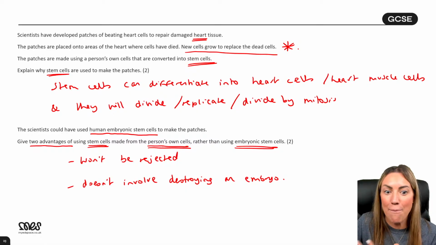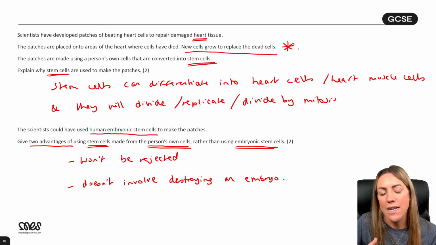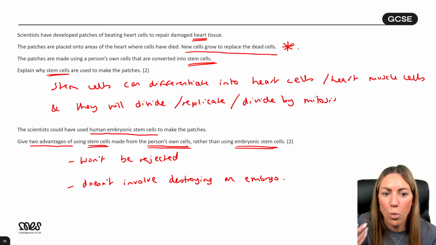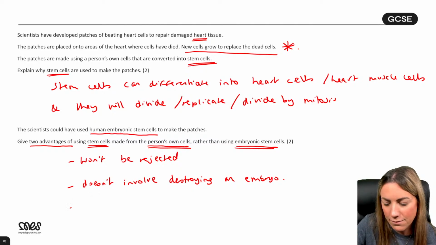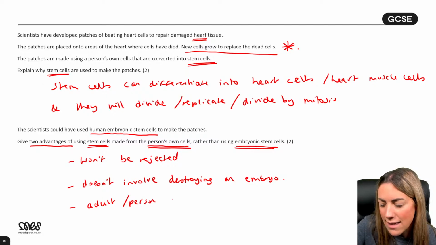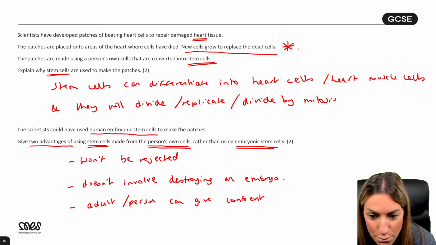For the embryonic stem cells, the reason it's considered unethical is because you are destroying the embryo, which is a potential life. So explain it, please. The other one you could say is the adult or the person can give consent, which I saw someone say in the chat before, which was very, very impressive.